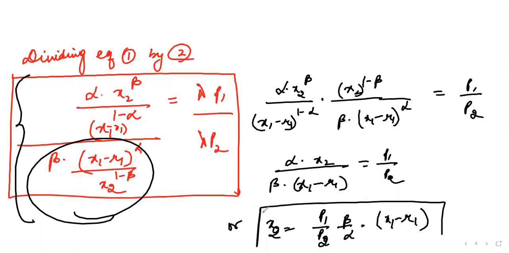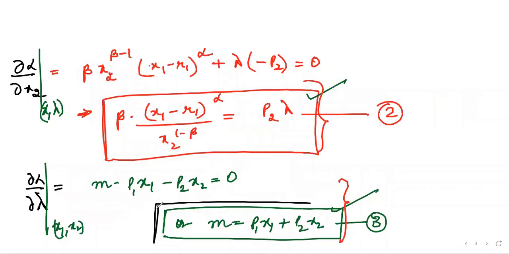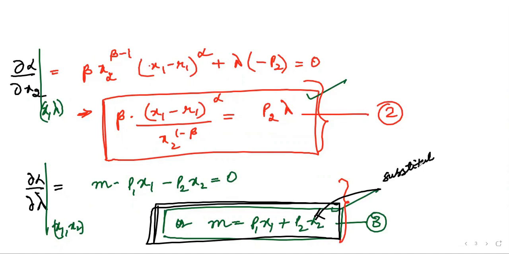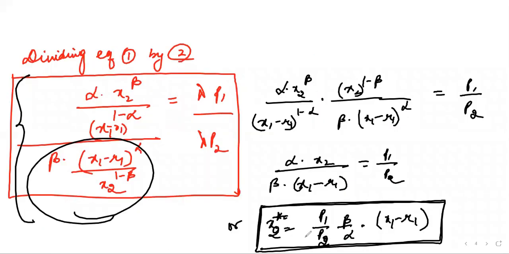This is the value of x2. I know from my third equation that p1 x1 plus p2 x2 is equal to m. Instead of x2, I will substitute x2 star that I just found out. Just substitute this value.